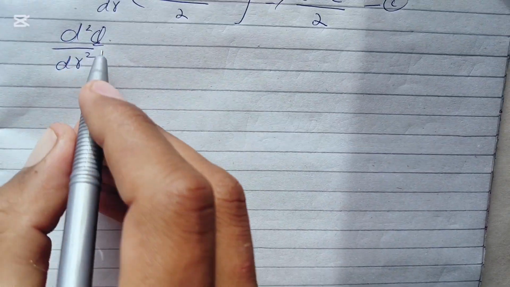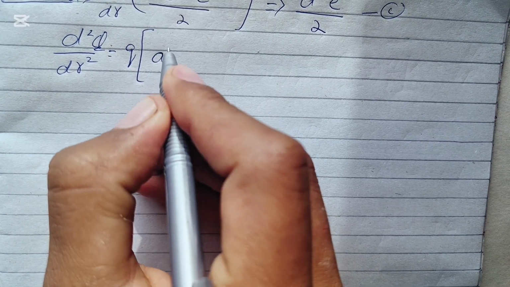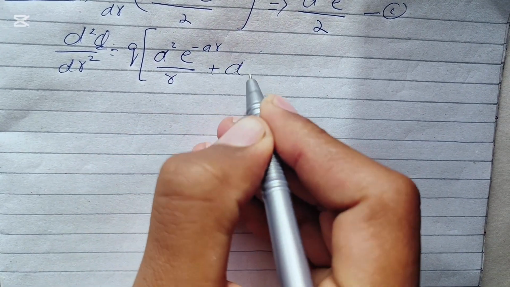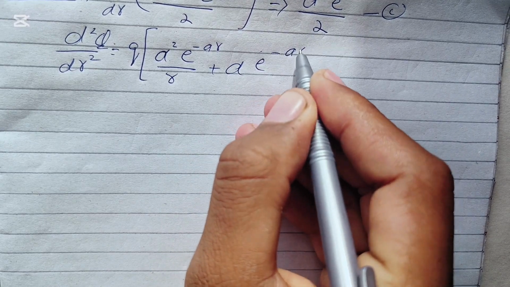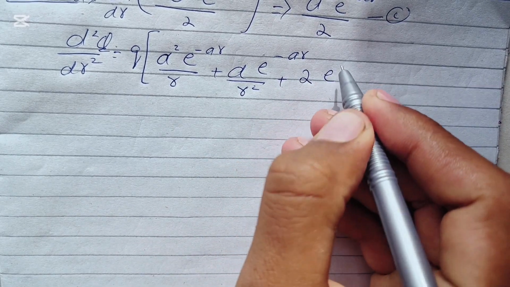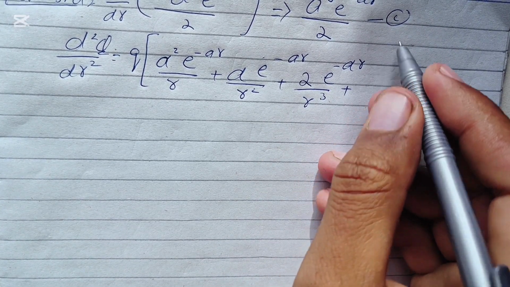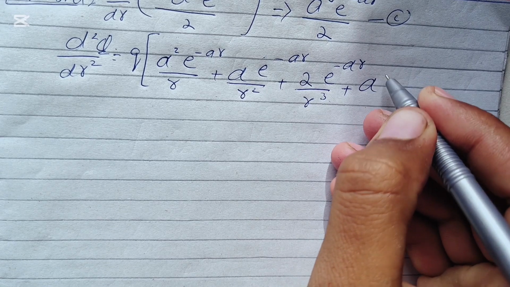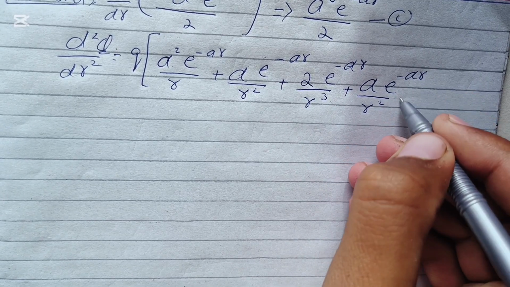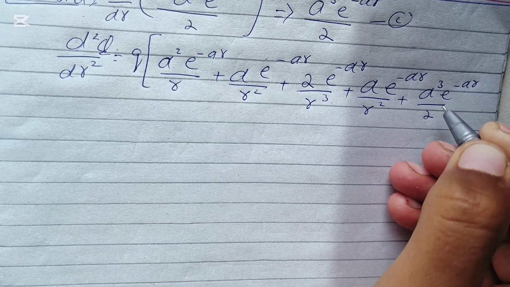Now we will get this: alpha square e^(-alpha r)/r plus alpha e^(-alpha r)/r square, plus 2 e^(-alpha r)/r cube, and plus equation B, which is equal to alpha e^(-alpha r)/r square, and the equation C, which is equal to alpha cube e^(-alpha r)/2.